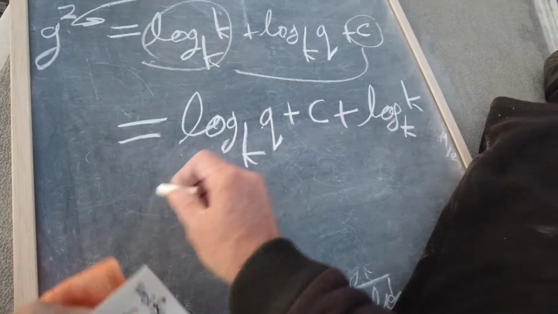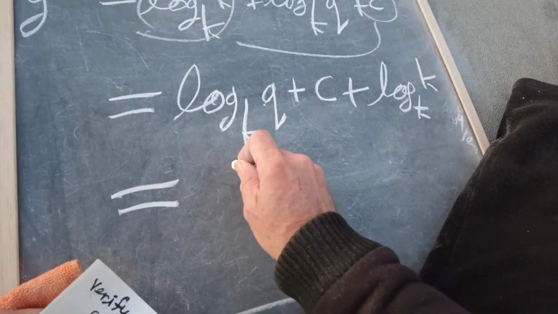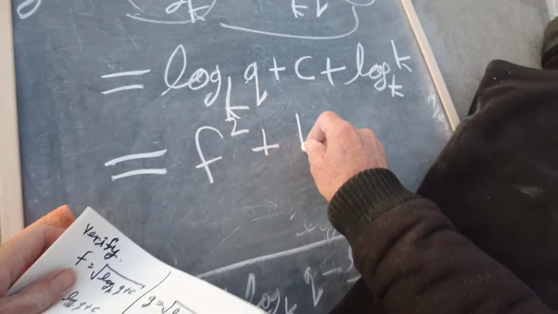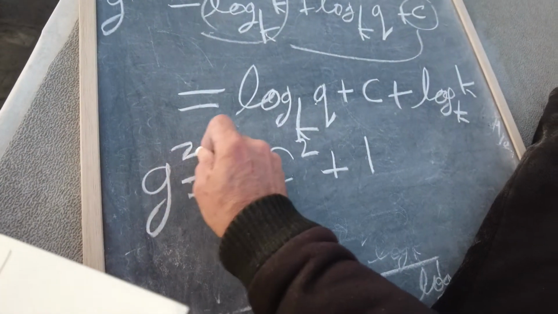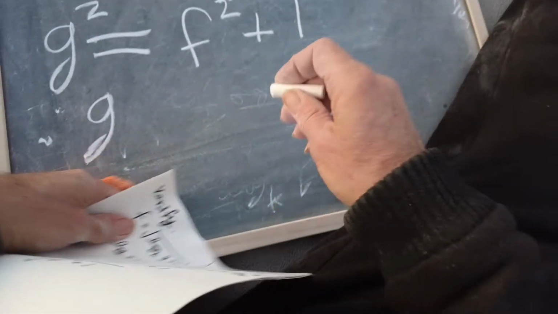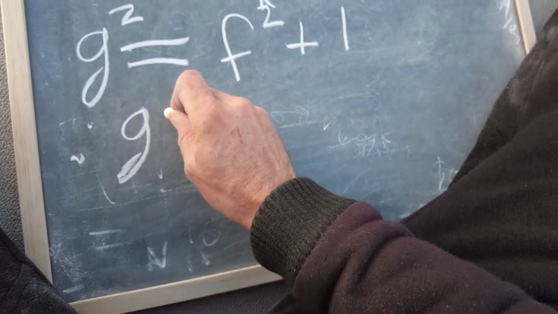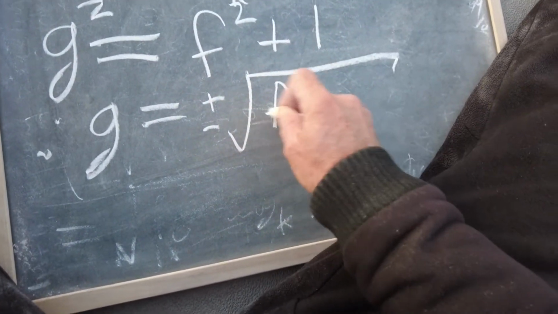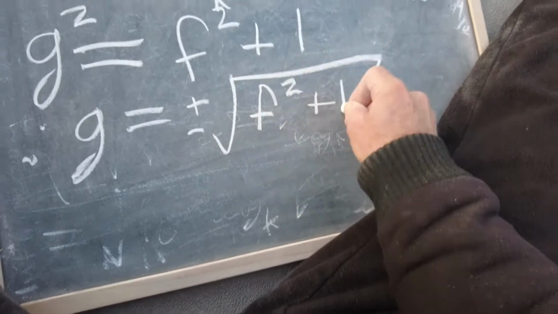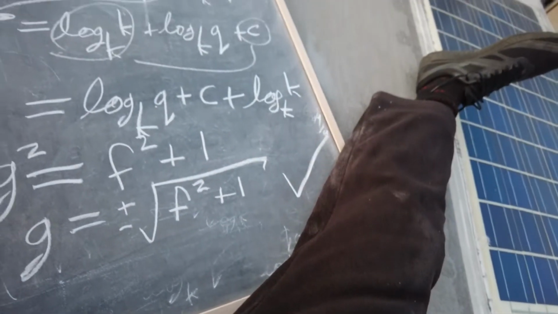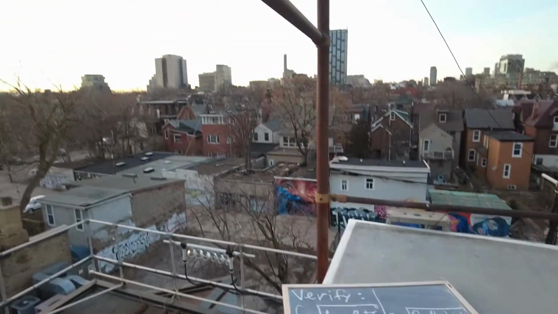So that is equal to f squared plus 1. G squared is equal to f squared plus 1, so therefore G equals plus or minus the square root of f squared plus 1. So we've verified, in fact, that we've solved the comparametric equation, and that it is a solution.